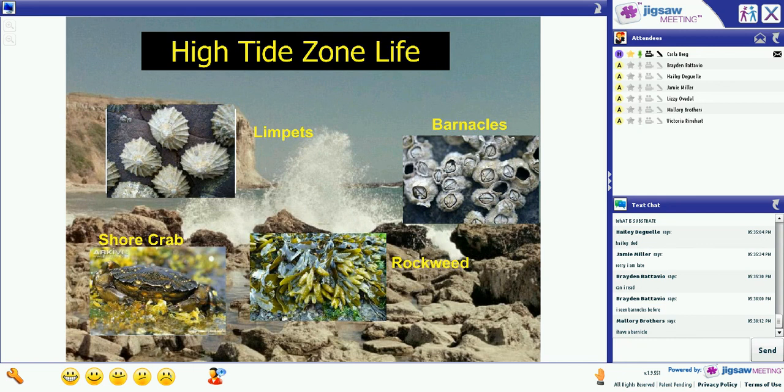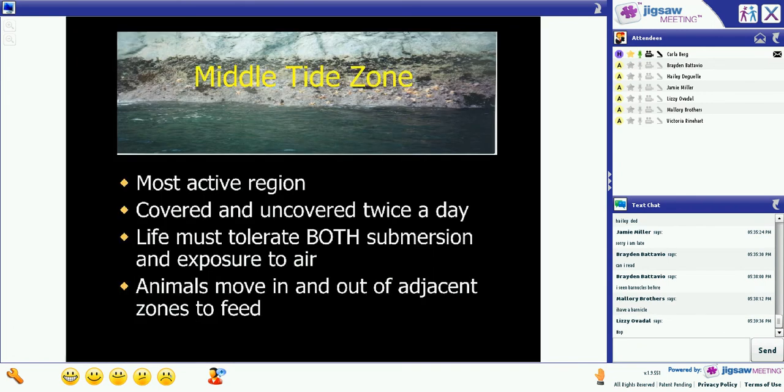Very nice. Brayden, I think I saw your hand up, and then Haley. Horseshoe crabs. Very good. And Haley? Seals. All right, perfect. Great job, guys.